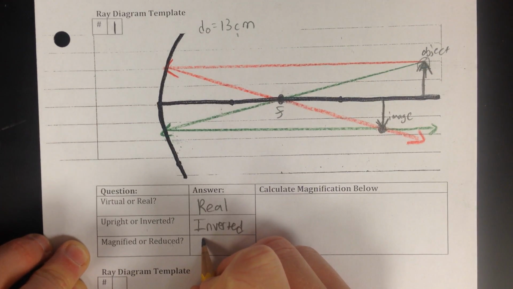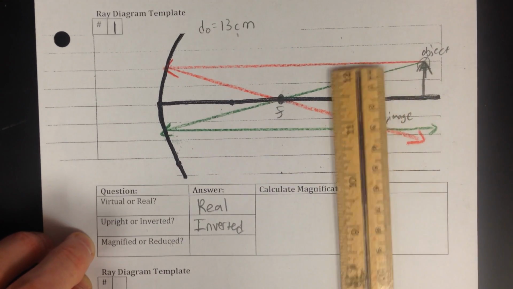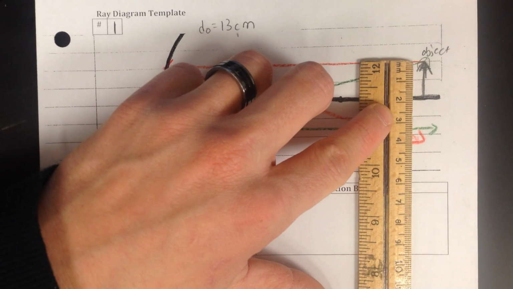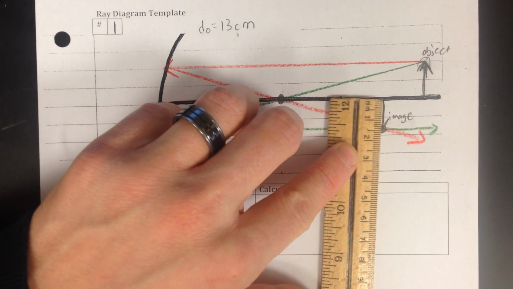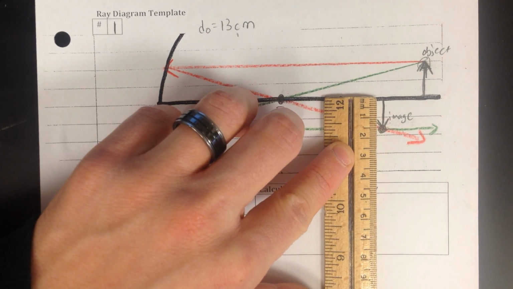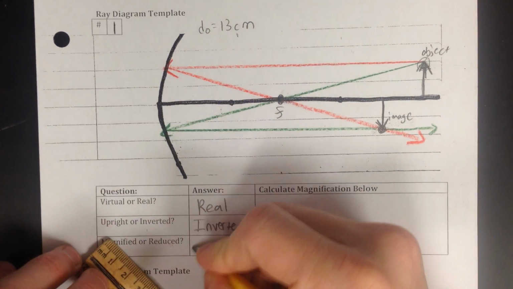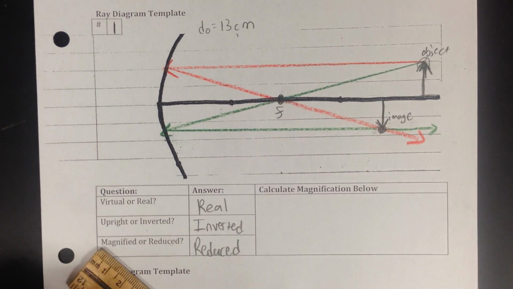Is it magnified or reduced? Well, our first image was about 2 lines high. That's about 2 centimeters high, and now this one is a little less than 2 centimeters high. So I'm going to say reduced. Reduced in size. Magnified would be greater in size.